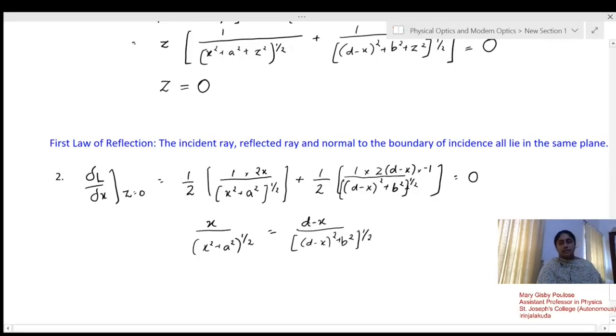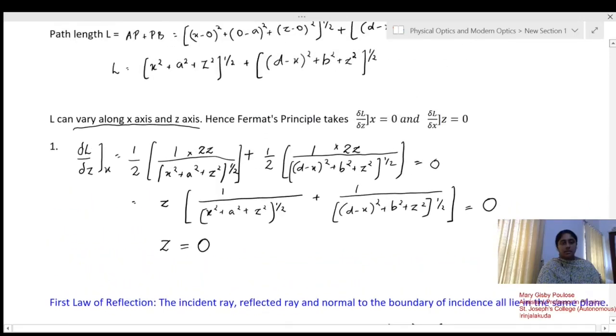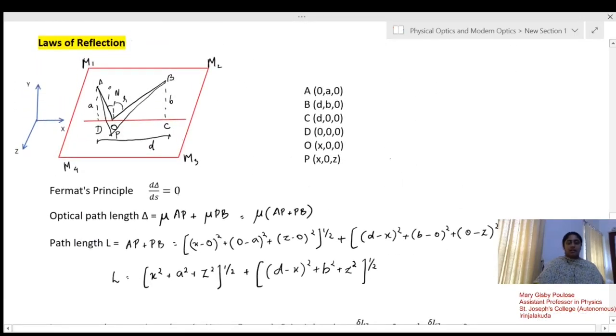In this figure, using Pythagoras theorem, I can calculate sin i and sin r. So sin i can be written as opposite side by hypotenuse.